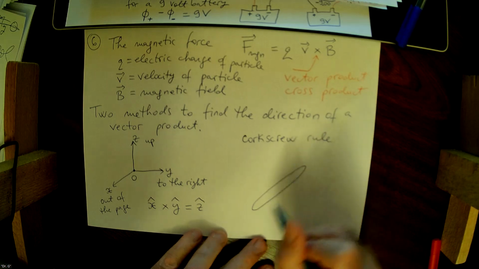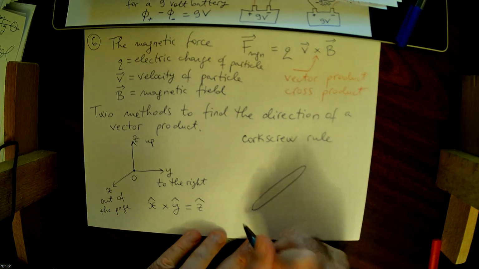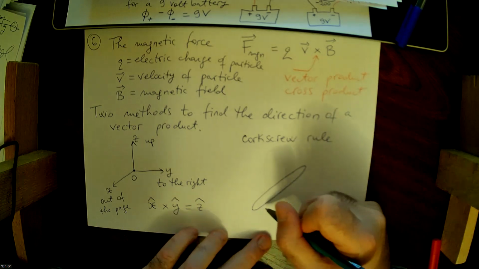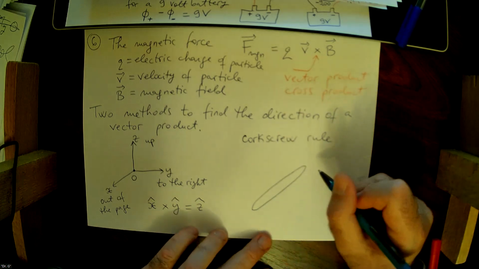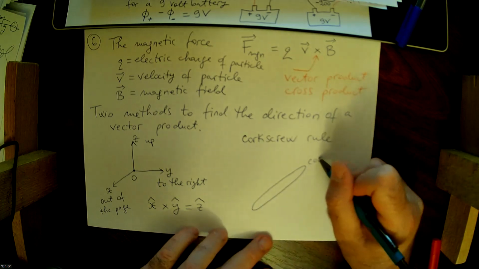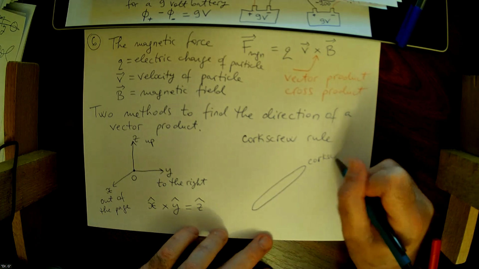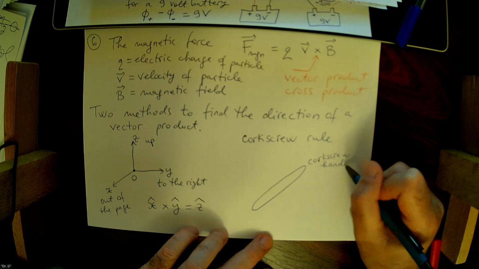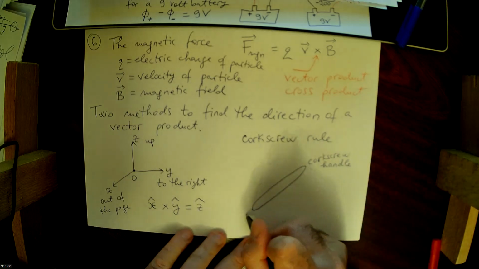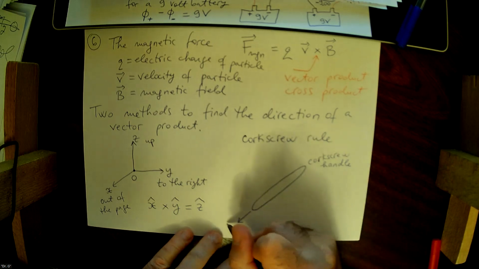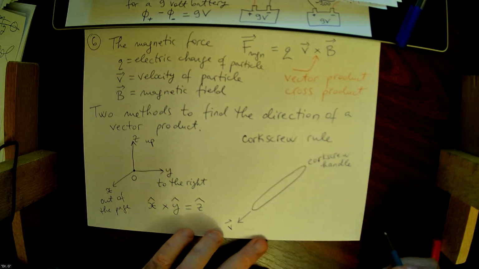So the corkscrew rule tells you that you align the corkscrew handle parallel to your first vector. Let it be v, the velocity in this case.